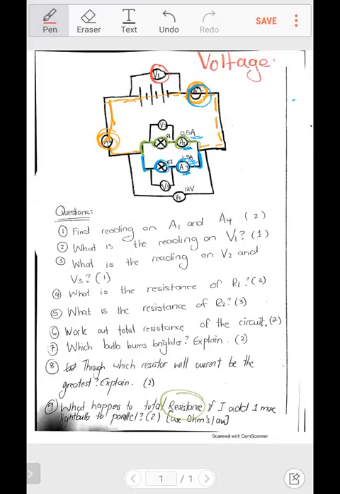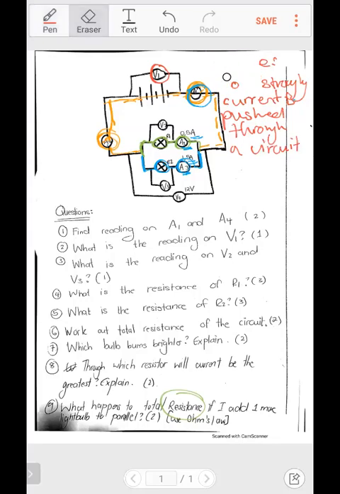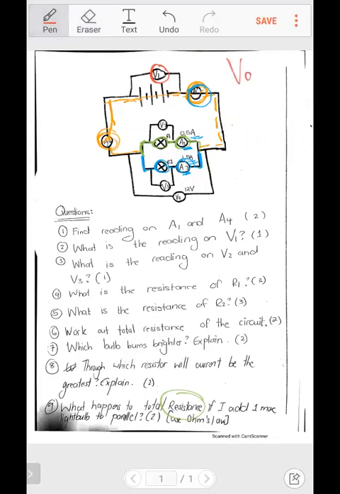Voltage is how strongly current is pushed through a circuit. Or another definition of voltage is how much energy is given to electrons as they pass through the circuit, right? Another thing about voltage in a parallel circuit is that it always stays the same. Voltage in parallel always stays the same.